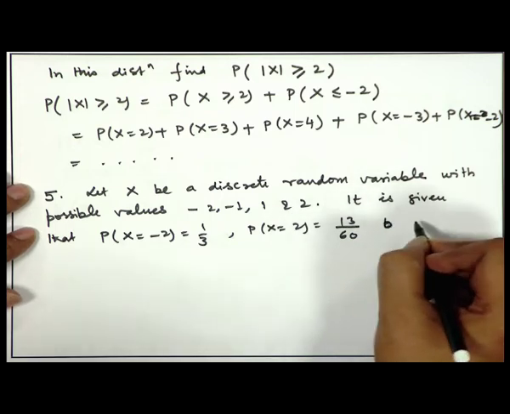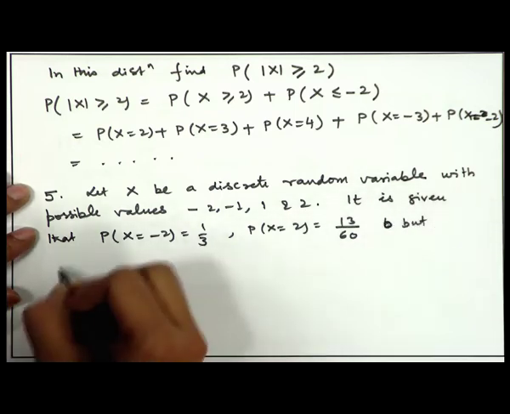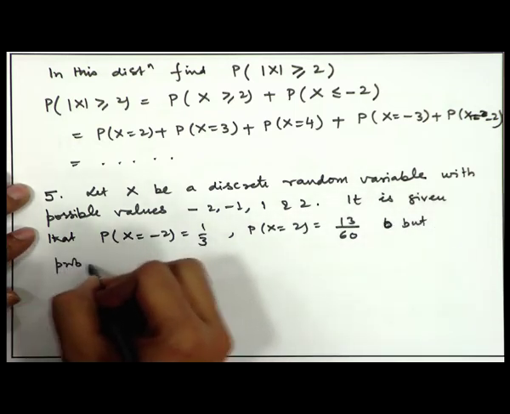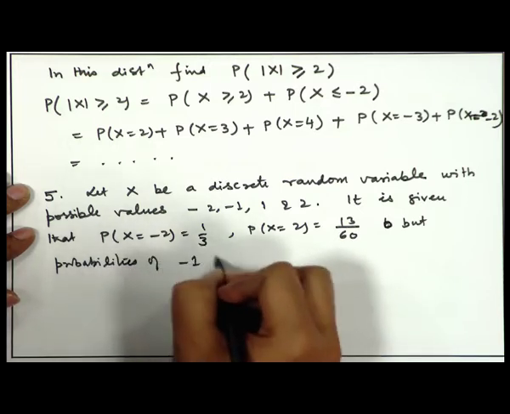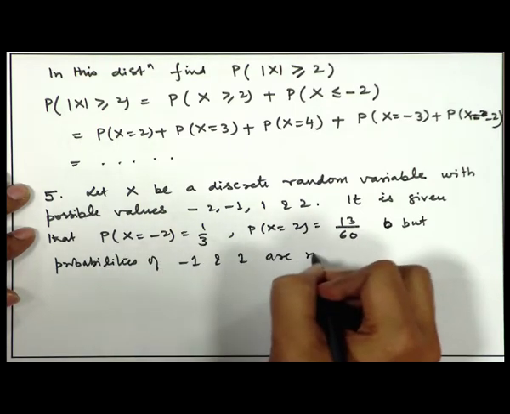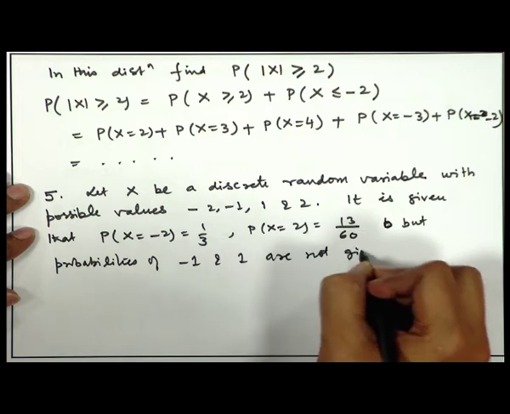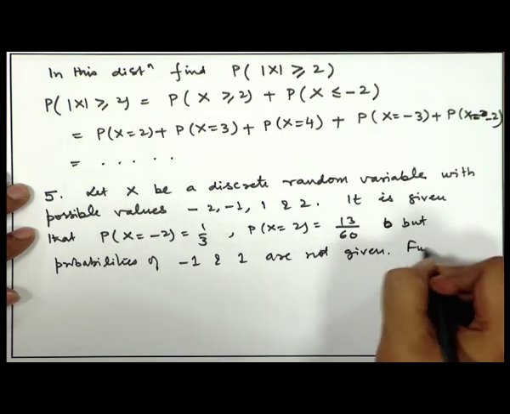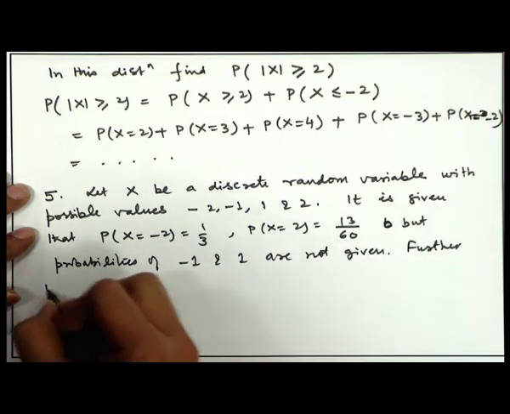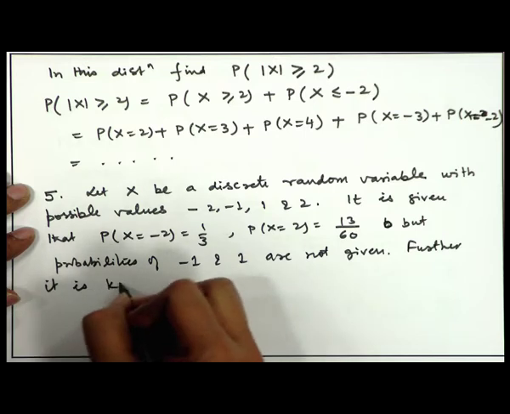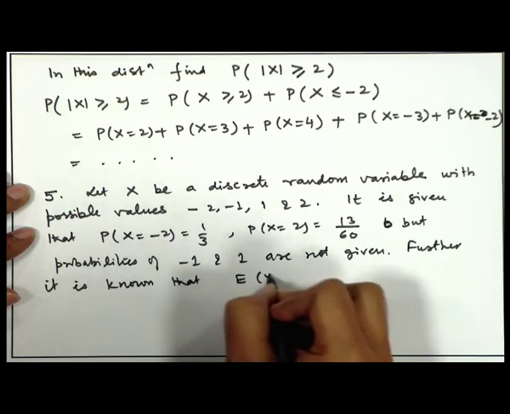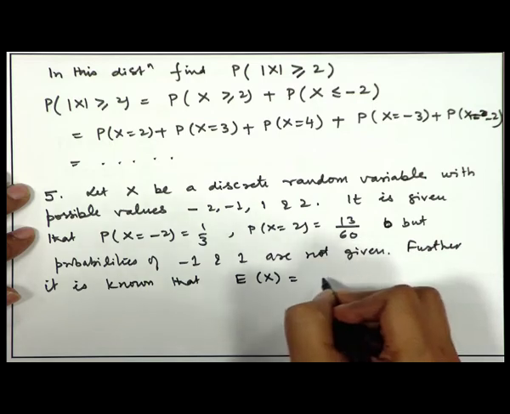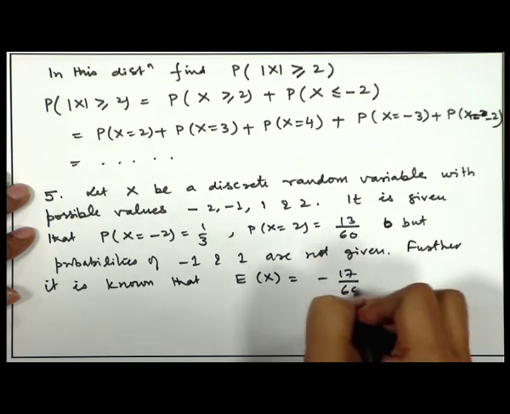But probabilities of -1 and +1 are not given. Further, it is known that expectation of x is equal to -17 by 60.